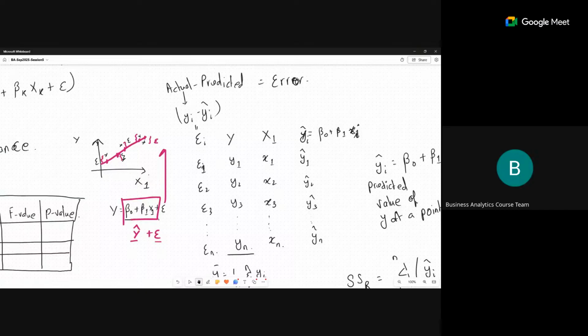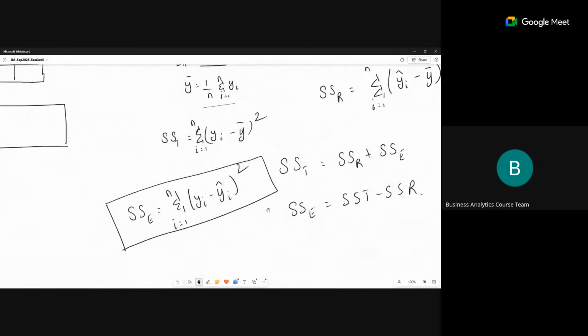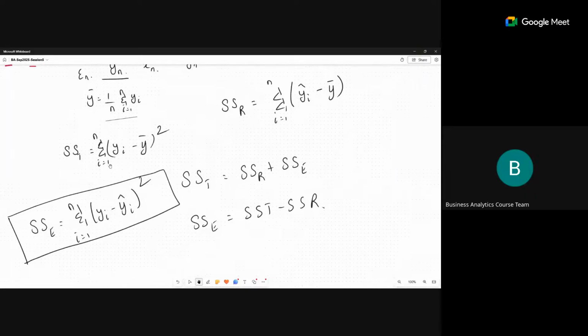So you can get the residual variability by taking the difference between actual minus predicted, squaring it, and summing it up, and that is always going to add up to the total. So SST is equal to SSR plus SSE. So the variability must either be because of the error or because of my model. So sum that up and get the values appropriately.